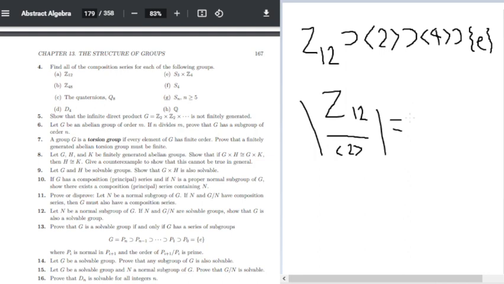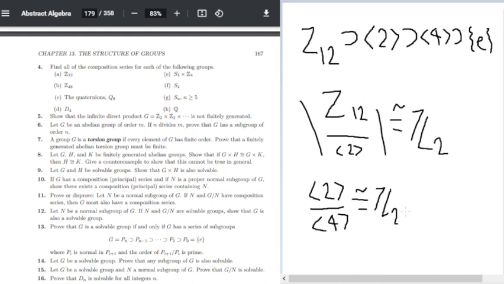Then we have the subgroup of order 2 over the subgroup of order 4, which is once again isomorphic to Z mod 2, because it will just determine whether your element is 1 times a multiple of 2 or 2 times a multiple of 2. If it's 2 times a multiple of 2, then it's in 4. If it's 1 times a multiple of 2, then it's in 2.